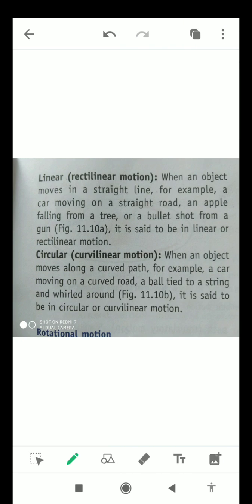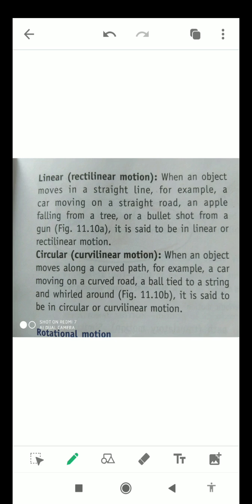Okay students, now the next slide. I told you about how we can classify translatory motion. We can classify translatory motion into two types: linear or rectilinear motion, and circular or curvilinear motion. Okay, so the first one is linear or rectilinear motion.